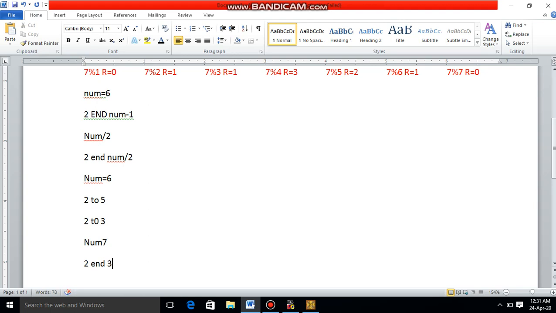That is 7 divided by 2, I get a quotient 3. So the ending iteration is 3.